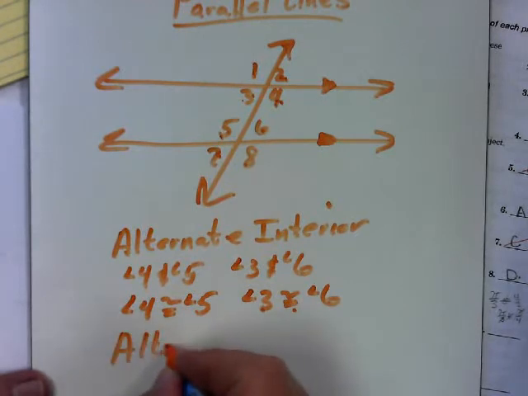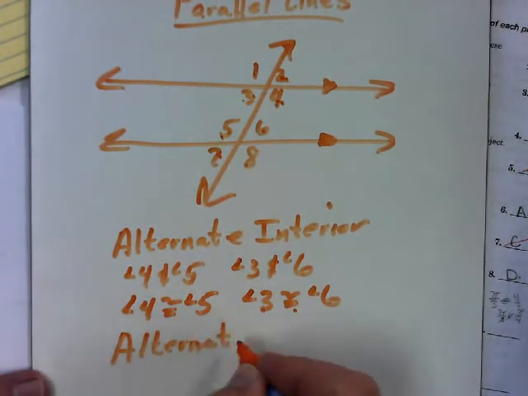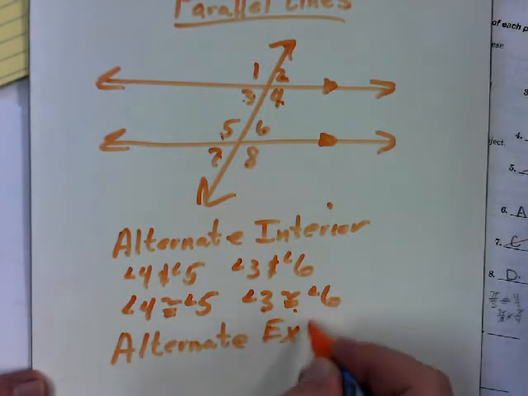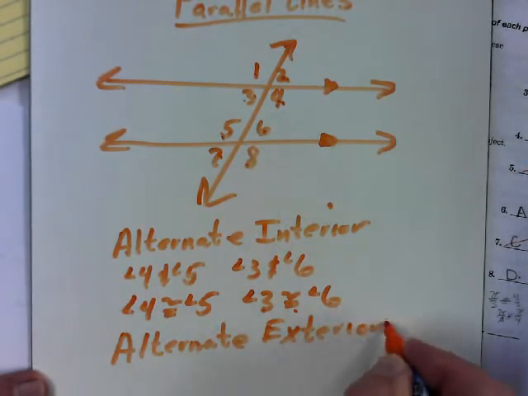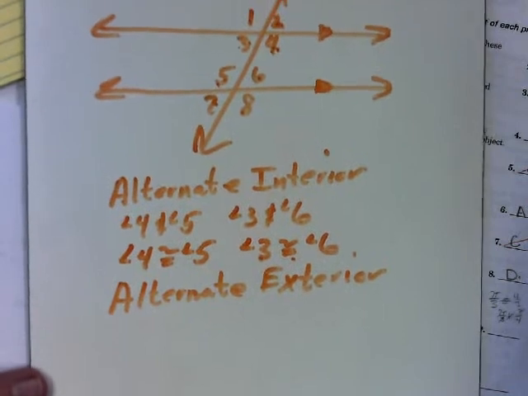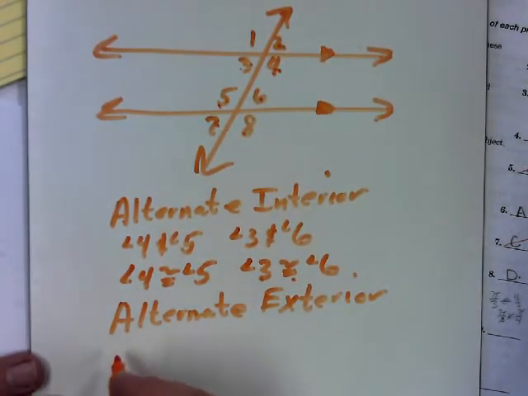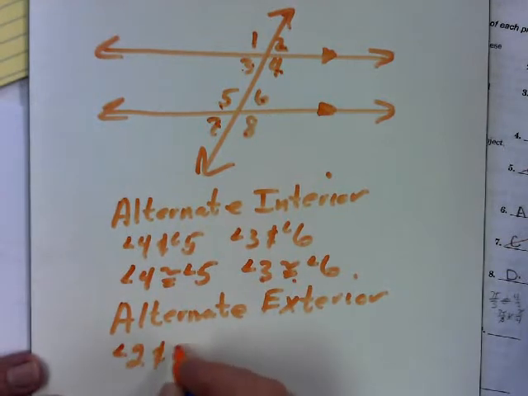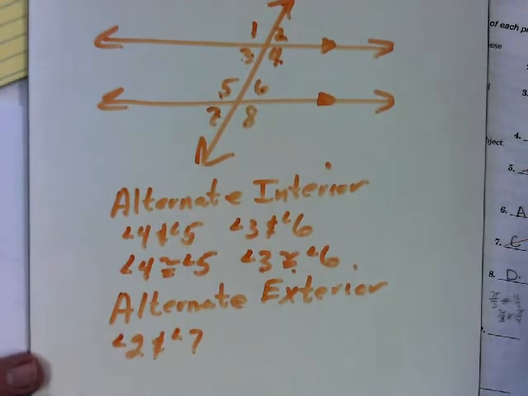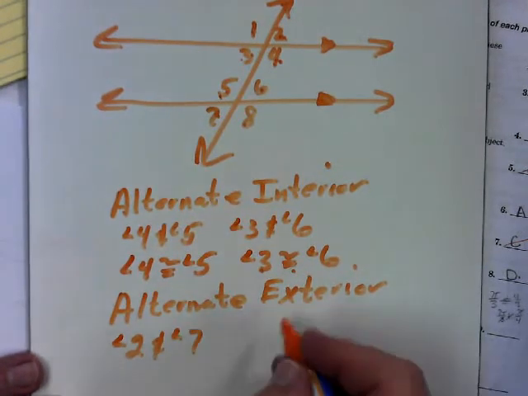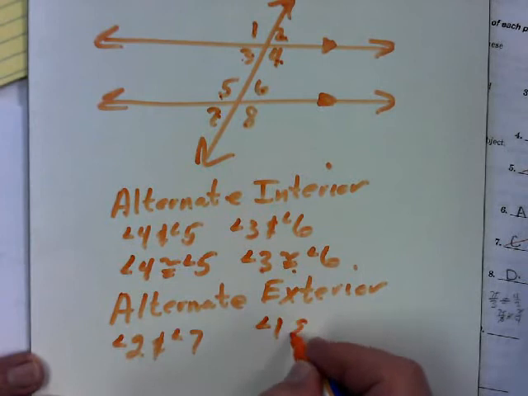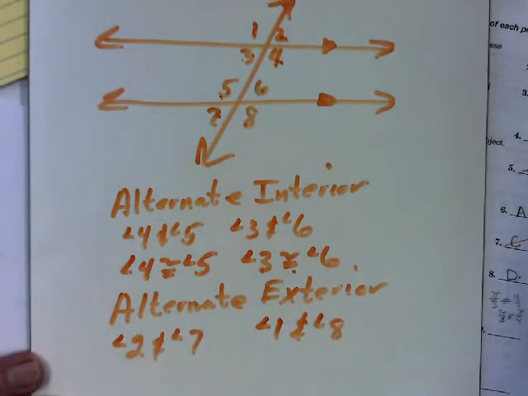How about alternate exterior? So if I'm talking about alternate exterior, can you give me a pair of alternate exterior angles? Angle 2 and angle 7. Angle 1 and angle 8.